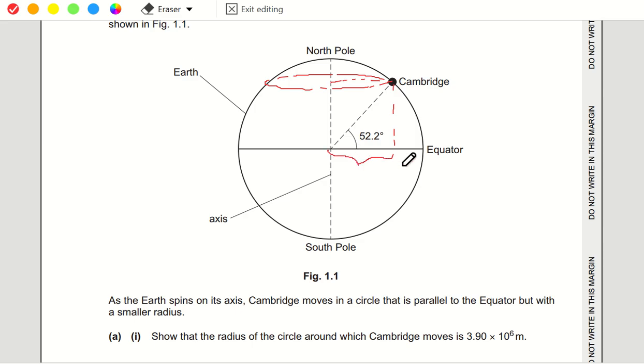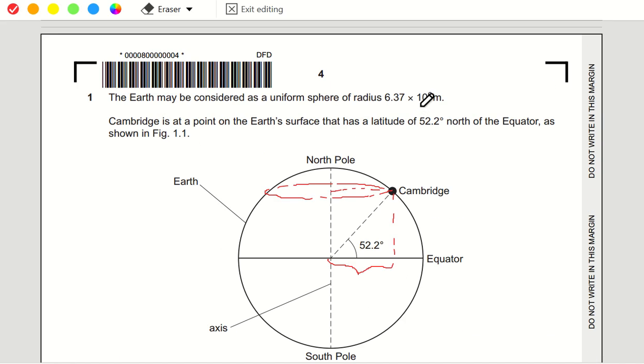Okay, and this distance can be obtained from this triangle if we have the radius of the Earth, which is already given.